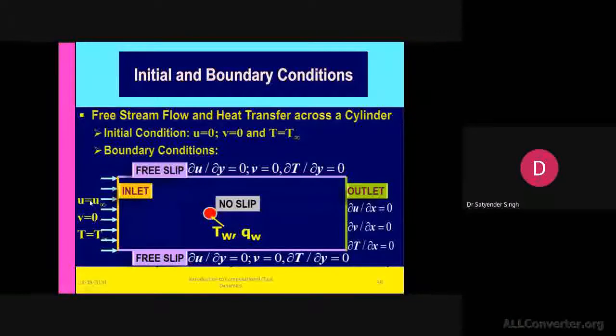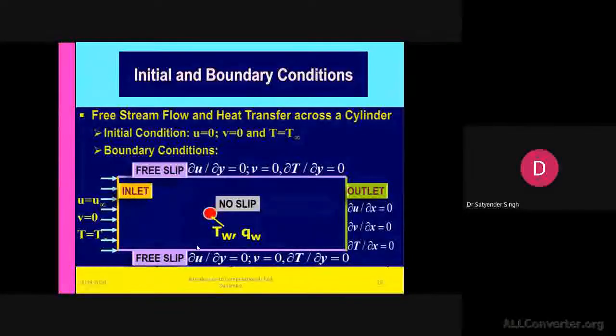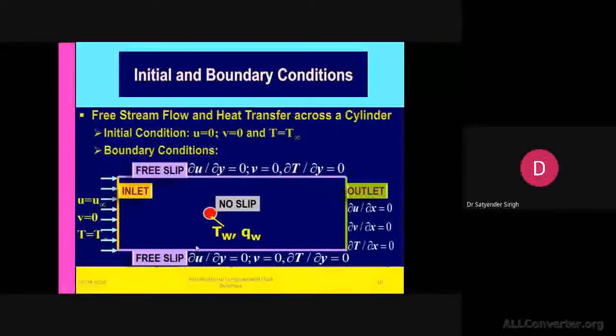Here we are considering only the x component, and not the y component of velocity, because the direction of the fluid is only in the x direction. The fluid which is entering is initially at a temperature equal to the ambient temperature, and it enters the channel from this control surface.